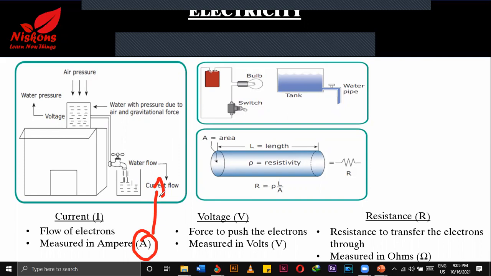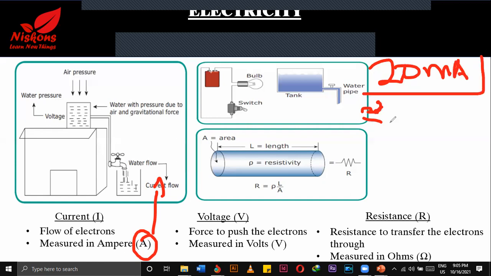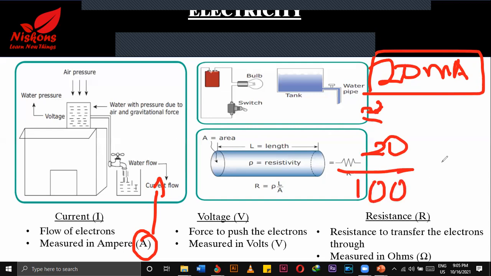That means we will use only currents in milliamperes, maybe 20 milliampere. 20 milliampere means 20 divided by 1000 amperes, that is 0.02 ampere.